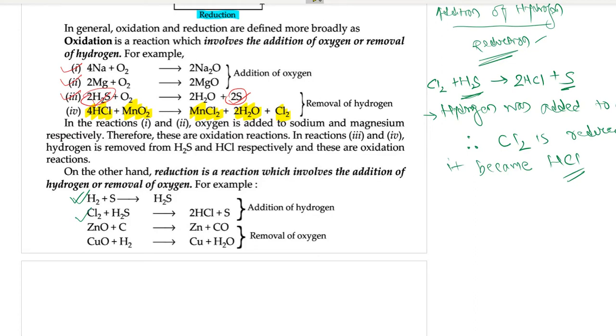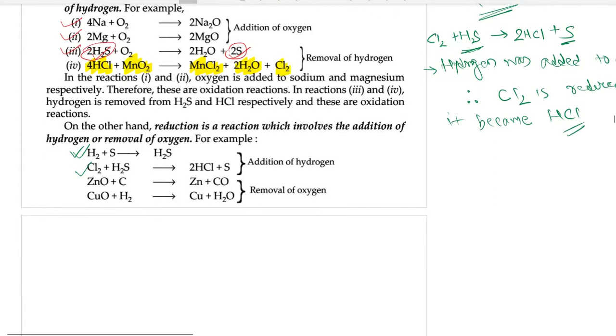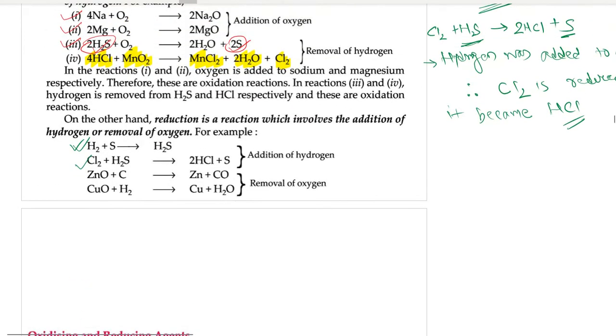Who oxidizes HCl? MnO2. Why? Because MnO2 is responsible for taking away the hydrogen from HCl and converting it into chlorine. So after discussing some more examples of reduction, we will also discuss the substances which are responsible for this oxidation and reduction.